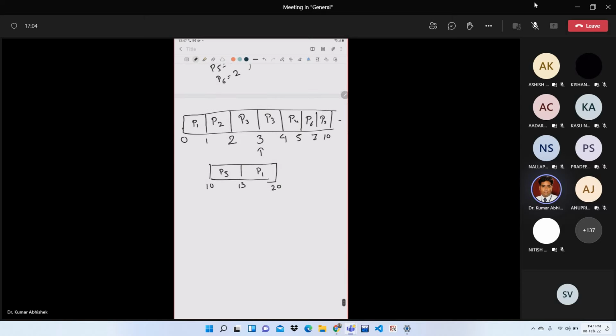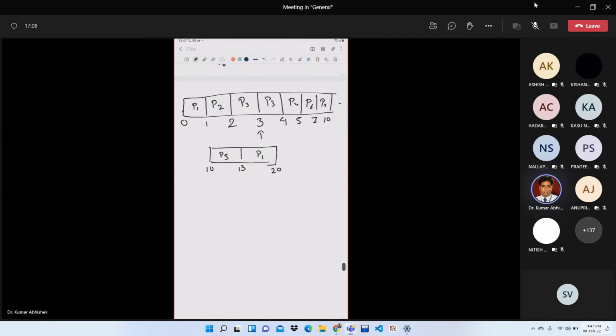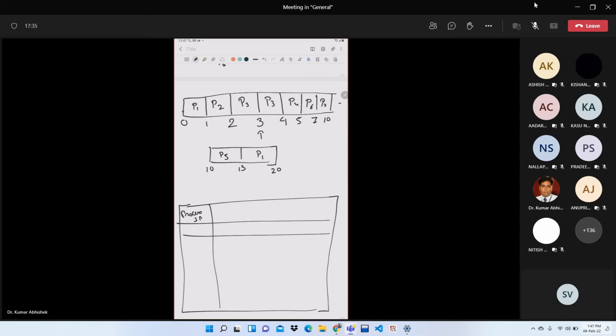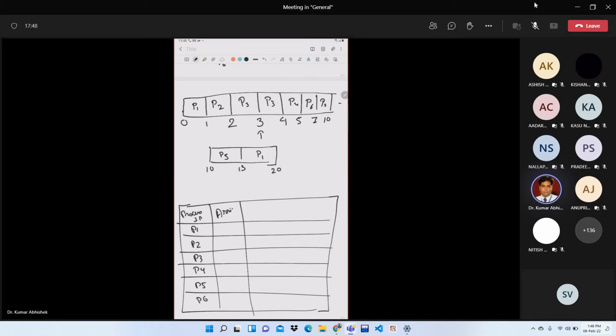Now what we have to do is make a table with process ID 1, 2, 3, 4, 5, 6, arrival time, exit time, turnaround time, and WT, the waiting time.